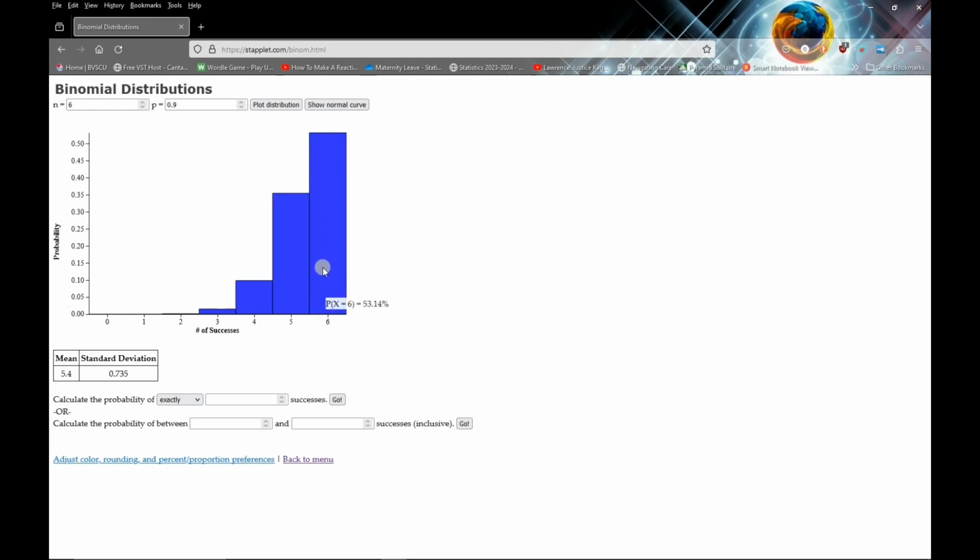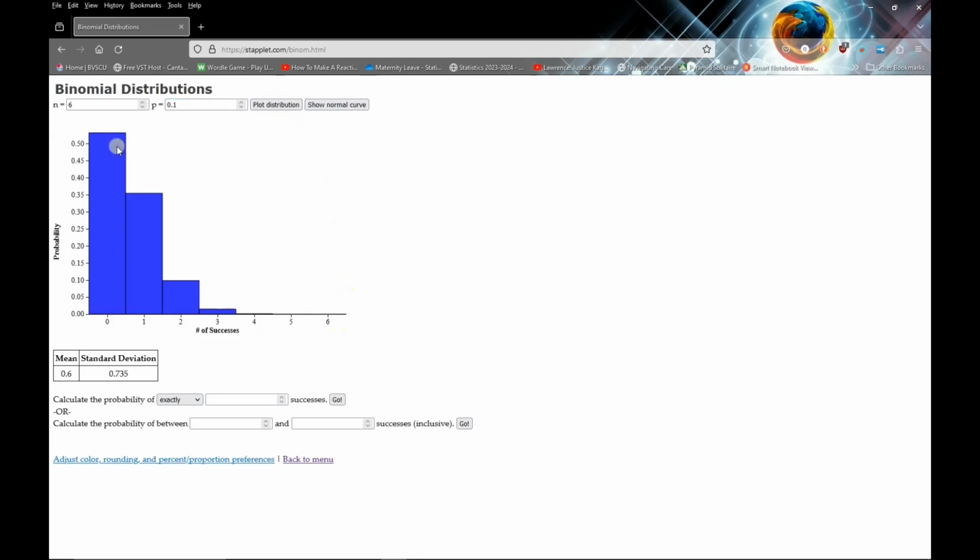So having all 6 on time, or 5 out of 6 on time, are the two most likely things. Now, if we change this to late, and I delete that and make it 0.1 because that's the probability of being late, let's plot it. Oh, it flipped over because there's very little probability of these things being late.